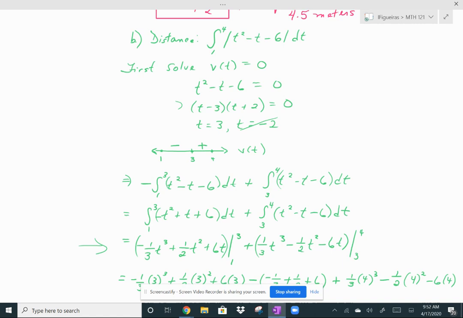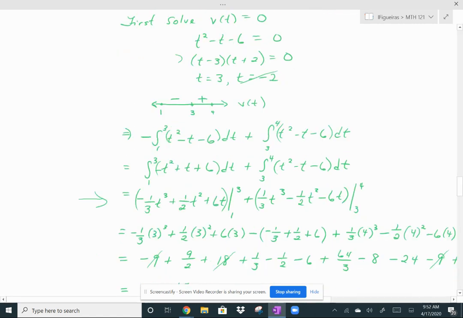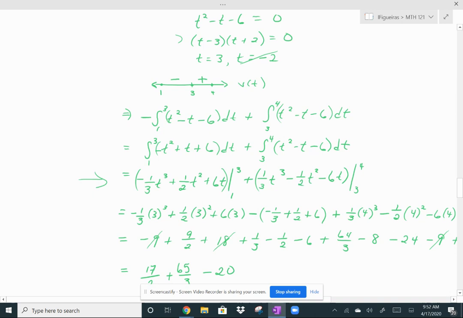So I have negative 1/3 t cubed plus 1/2 t squared plus 6t, and we have to evaluate that from 1 to 3. And then 1/3 t cubed minus 1/2 t squared minus 6t, and we have to evaluate that from 3 to 4.